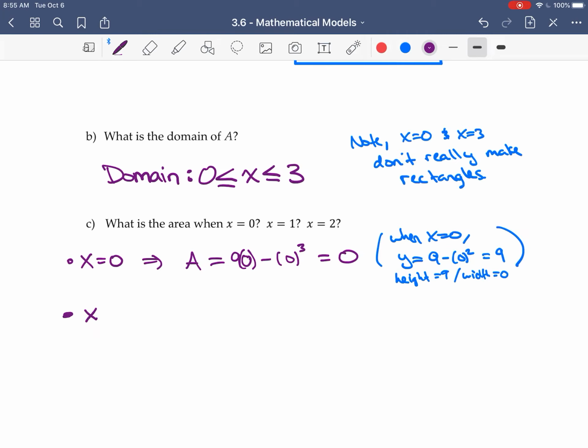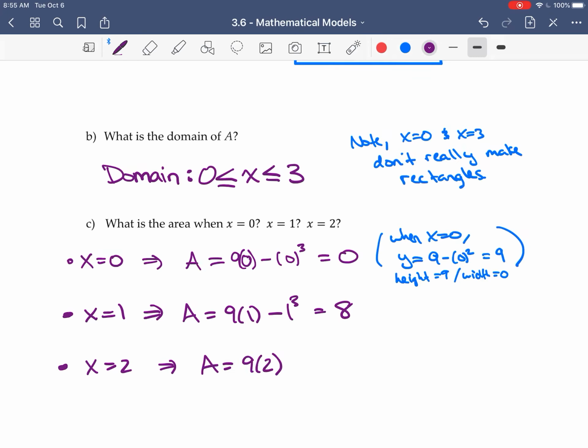Now x equals 1. That gives an area of 9 times 1 minus 1 cubed, so 9 minus 1, an area of 8. When x is 2, the area is 9 times 2 minus 2 cubed, so that's 18 minus 8, which is 10.